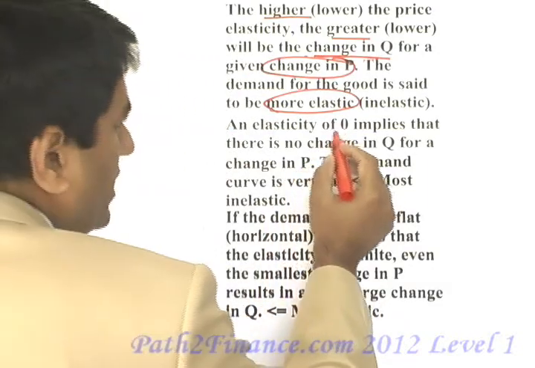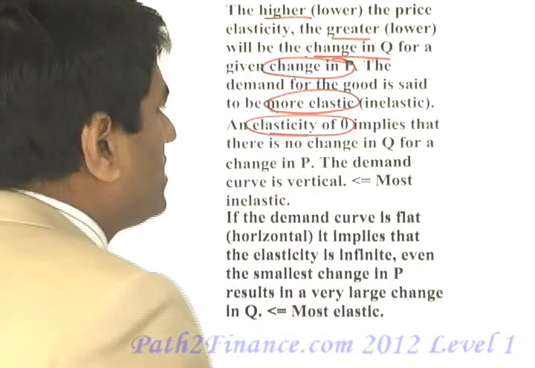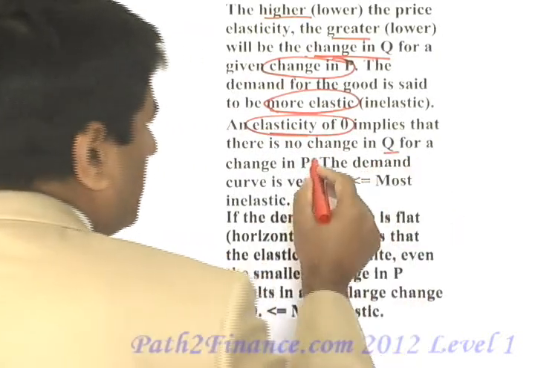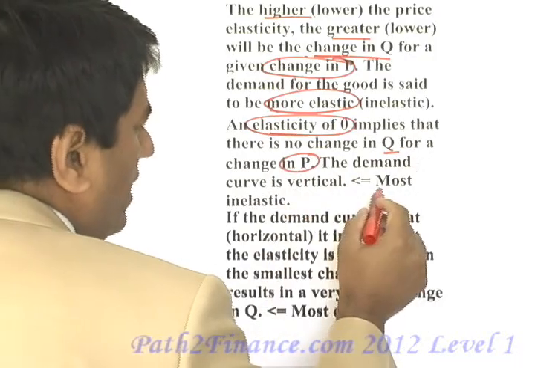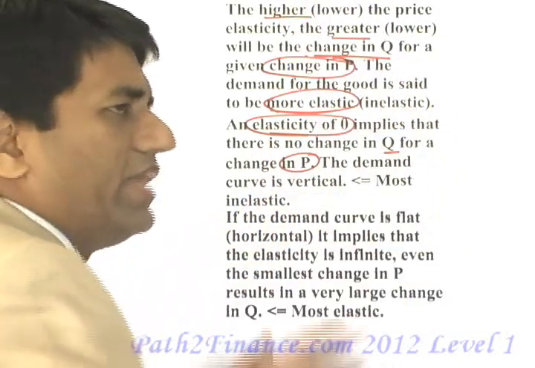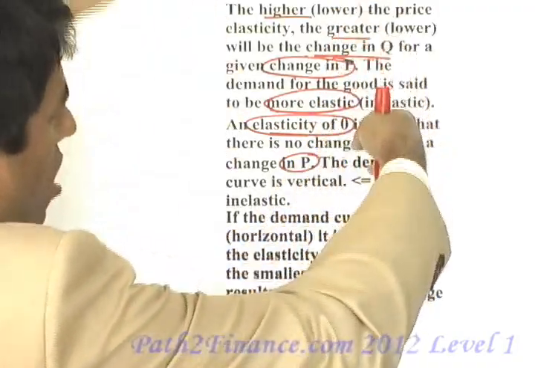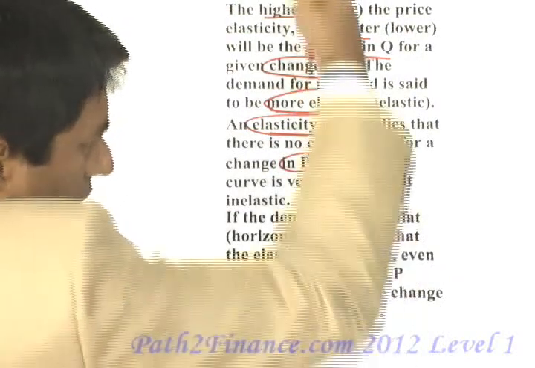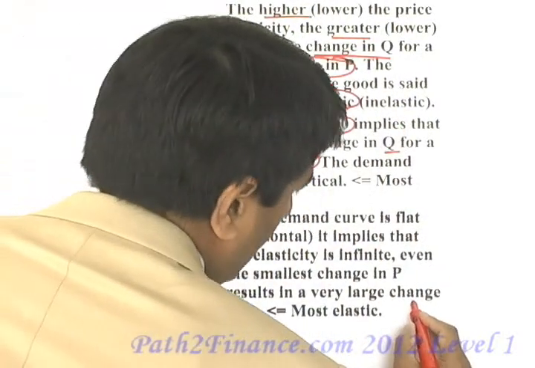And elasticity of zero, on the other hand, means that there is no change in Q at all for a change in price. So the demand curve is vertical. There is no change as you change price along the y-axis. Demand remains straight. So the demand curve looks like this.